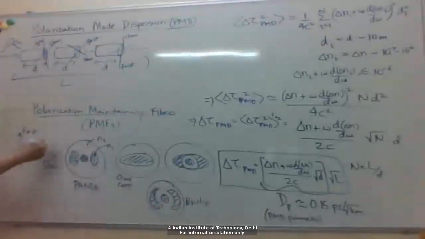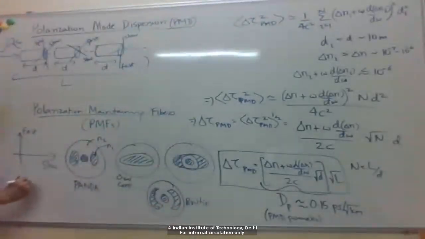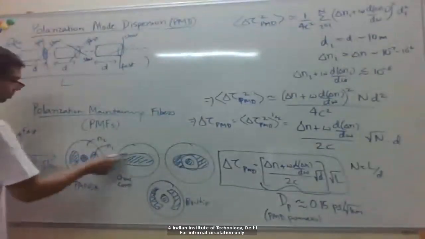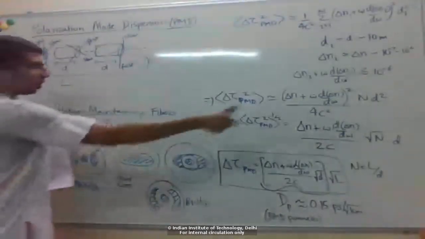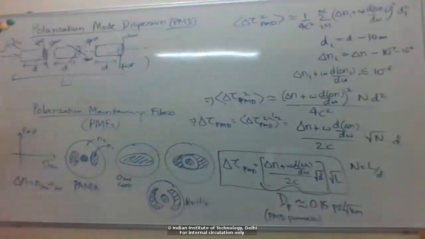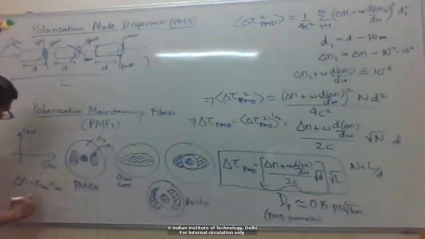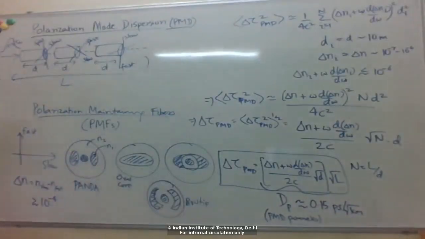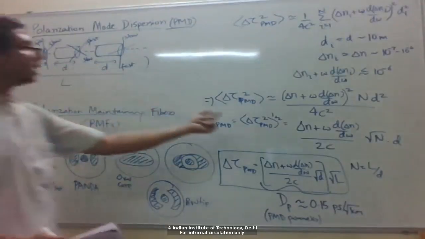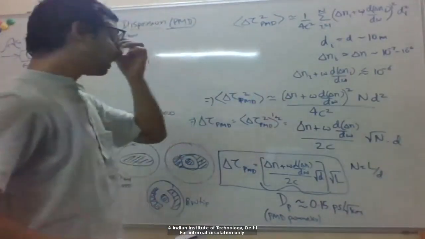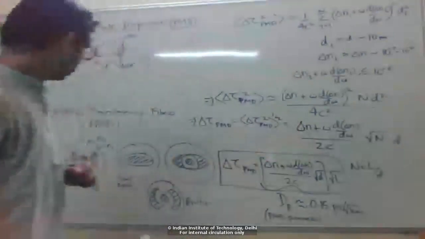So the point here is that delta n, the difference between the slow and fast axes, is already defined and maintained along the fiber. The delta n here is much bigger, like 10 to the minus 4 or larger, whereas recall that the delta n from the random variations and stresses was about 10 to the minus 6.